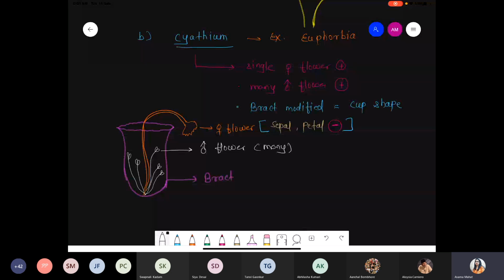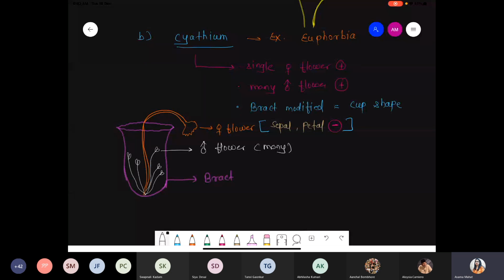The female flower is exposed outside because she is single, and many male flowers reside inside the bract. During maturation, pollen gets released and successful fertilization occurs. We'll see that later, not right now. These are part of pollination, we'll discuss later.